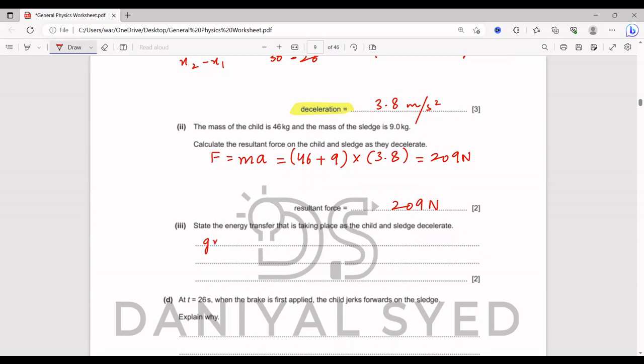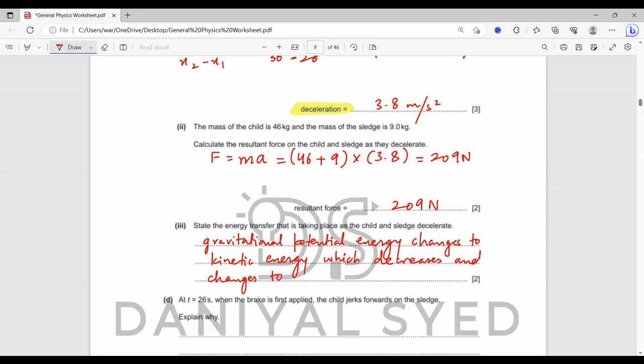So you have to write down: gravitational potential energy changes to kinetic energy, which decreases and changes to thermal energy.